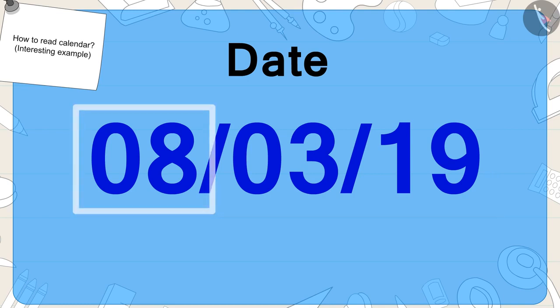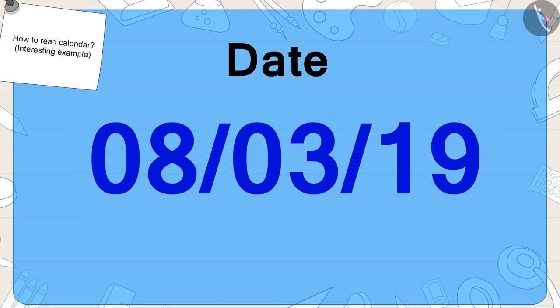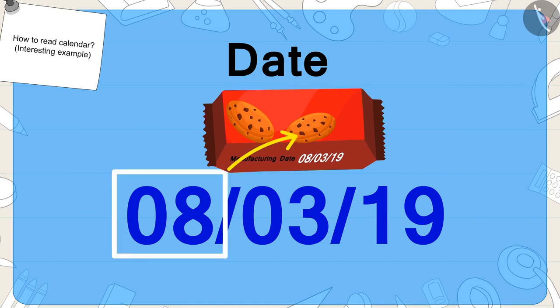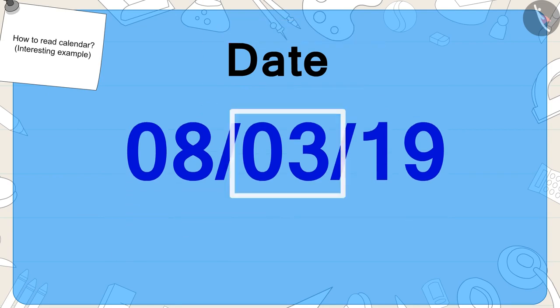These numbers indicate which date of the month it is. Like what date is mentioned on the packet of biscuits bought by Golu? Exactly, 8. Now, this number shows the number of the month.